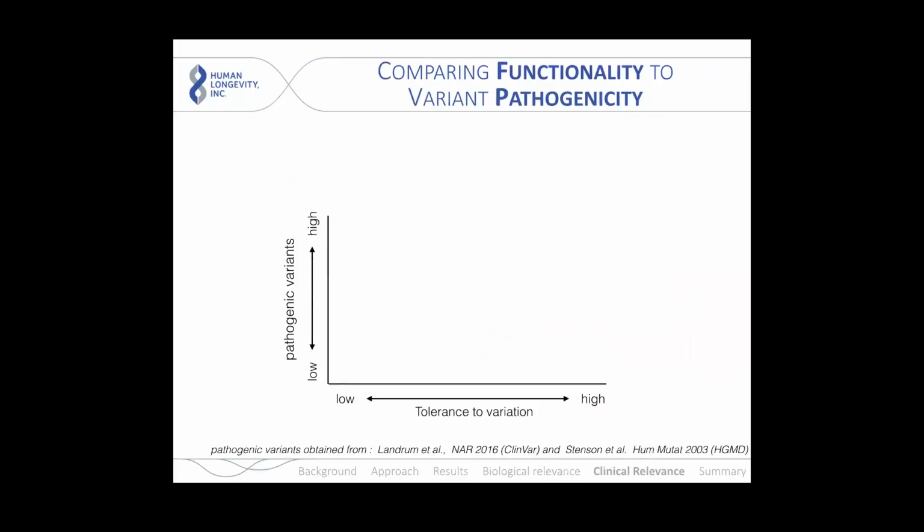All right, so then we wondered whether our metrics could also be used in clinical settings. So could we use this scoring to help prioritize variants? And to look at that, we compared the functionality to variant pathogenicity, with the rationale that if a variant falls in a region of the genome that is functional, it's more likely to be pathogenic.